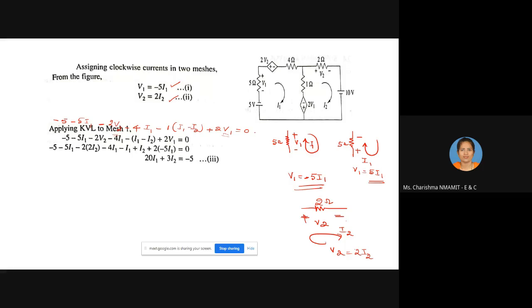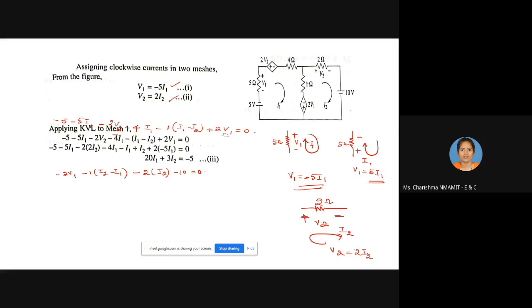Similarly, write the second equation. What about the second equation? It is plus to minus 2V1, minus 1 into I2 minus I1, minus 2 into I2, minus 10 equal to 0.